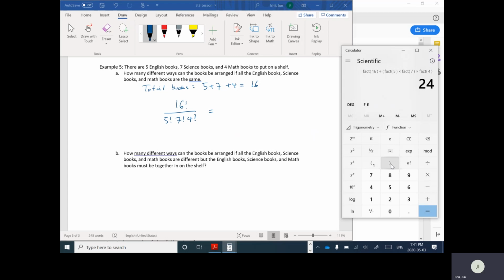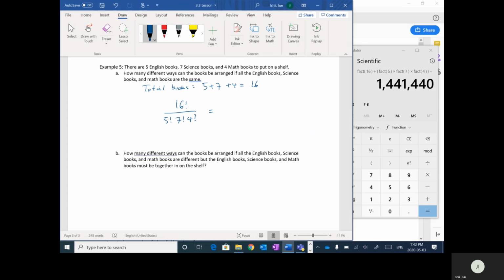And then I'm going to close the bracket. So this should be the denominator, and equals. All right, so there's going to be 1,441,440 ways. Okay, so again, these books are all identical.